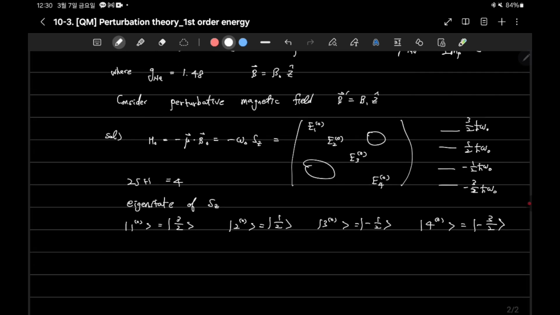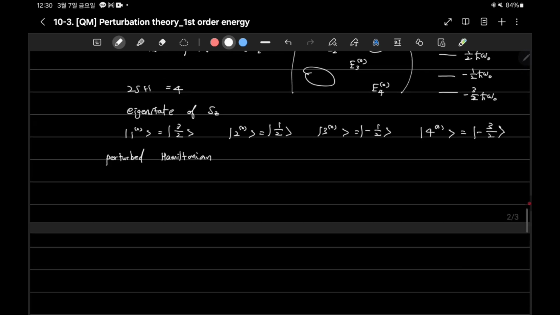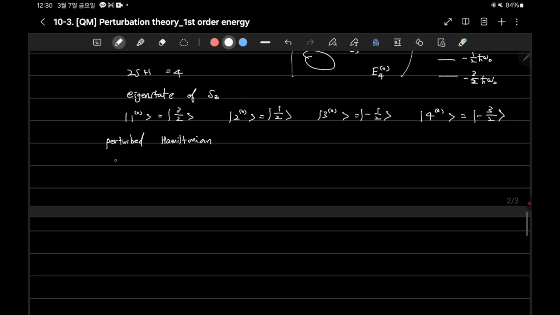The perturbed Hamiltonian H prime is minus mu dot B prime, so minus omega 1 Sz.